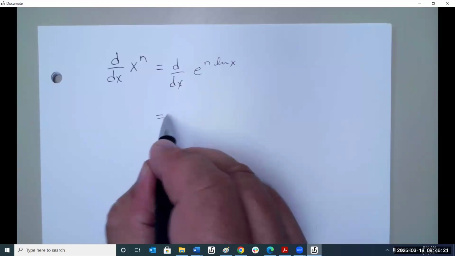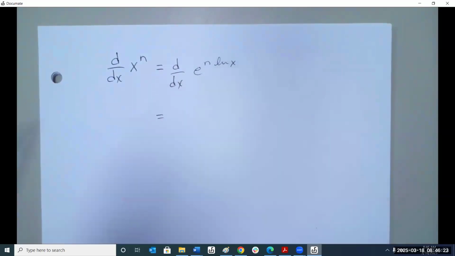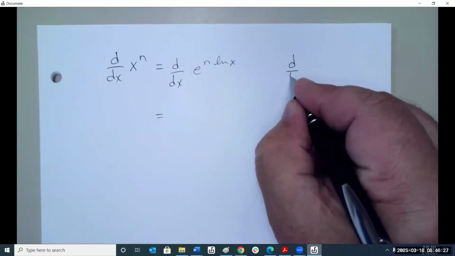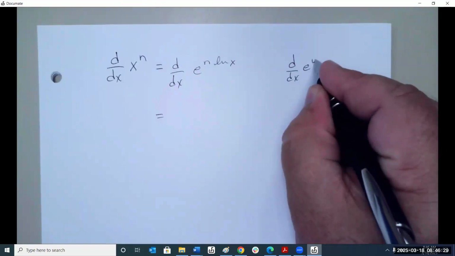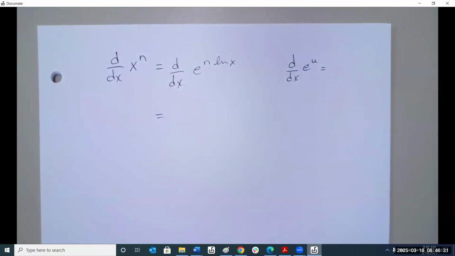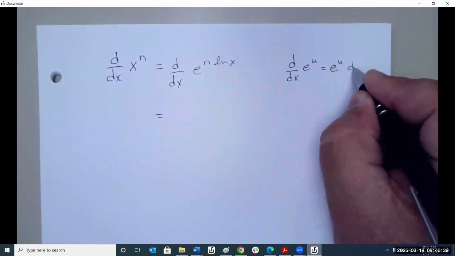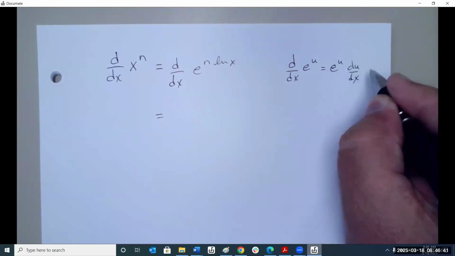If we take the derivative of this side, what do we get? What's the derivative of e to the u? It's e to the u times du dx.